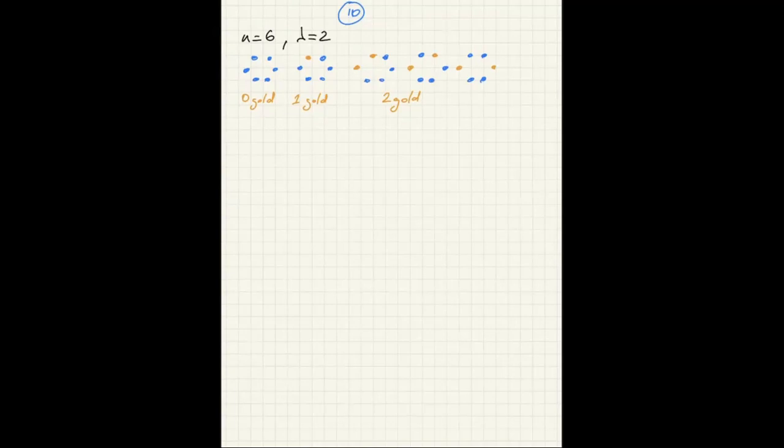And then how about the ones that have 3 golds? So you can have the 3 golds consecutive. Or this way. Or in steps of 2. So these are the ones that have 3 gold.